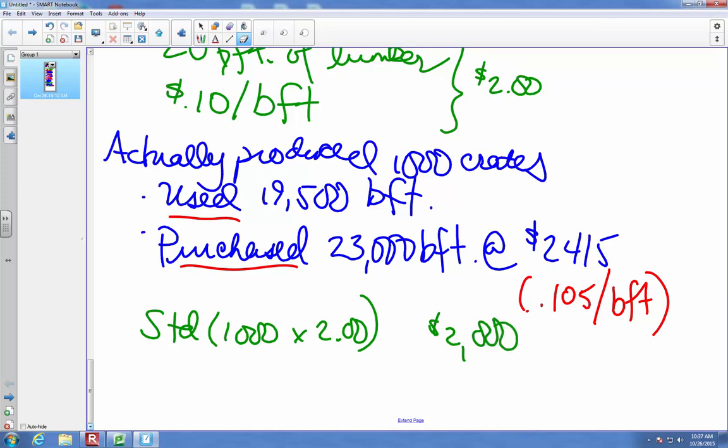So I should have spent $2,000 to make them for materials. And then how much did I actually spend? Yeah, I bought 19,500 board feet.